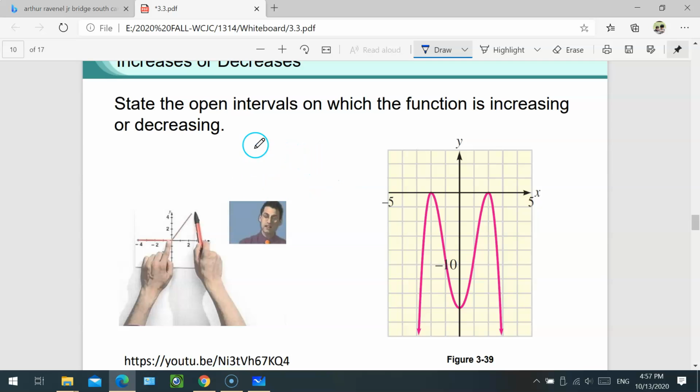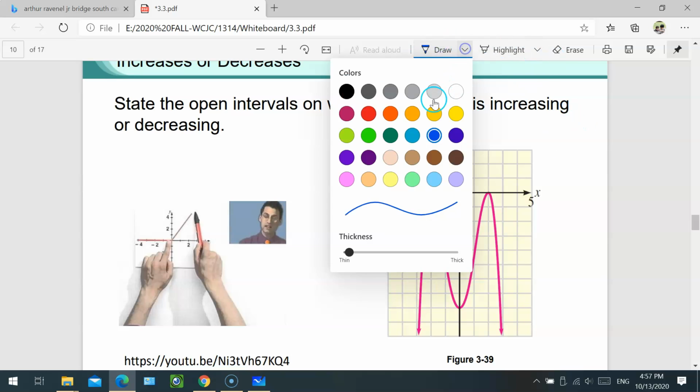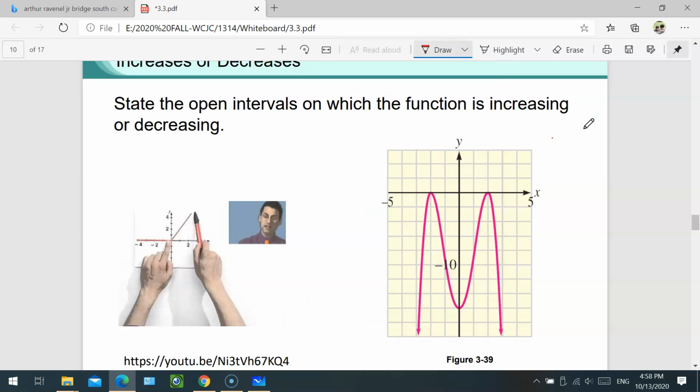Now we look at this graph. State the open intervals on which the function is increasing or decreasing. Let me change your color here. Start from the left-hand side of the graph. The left-hand side is here, right? When I trace the graph based on the curve, it's an increasing interval.